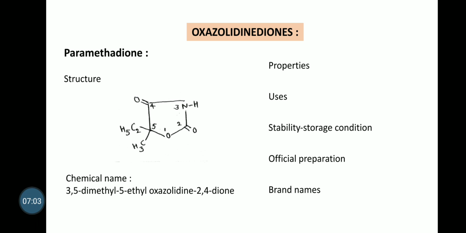You will see in this structure at the 5th position one methyl group is present and one ethyl group is present. Similarly here I have to assume that at the 3rd position a methyl group is present. In this structure also, at the 3rd position a methyl group is present and at the 5th position an ethyl group is present.